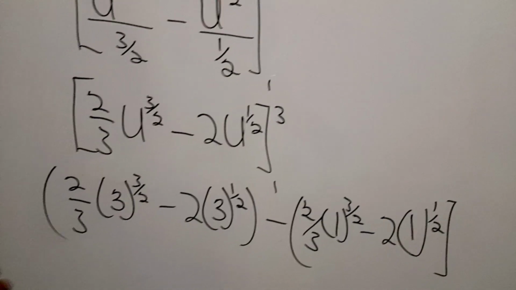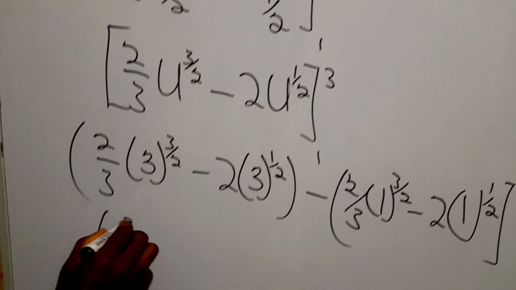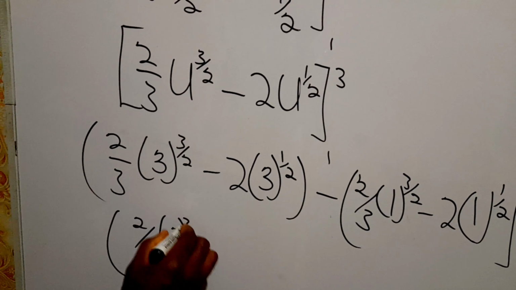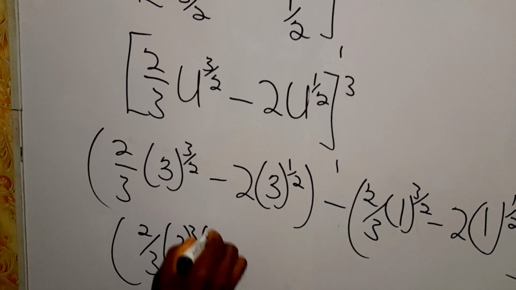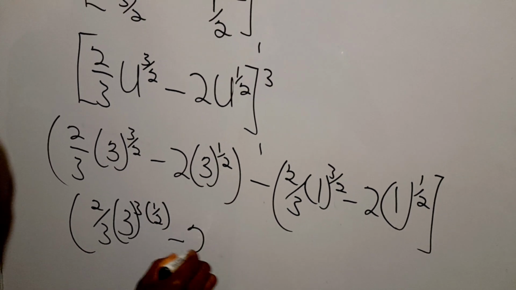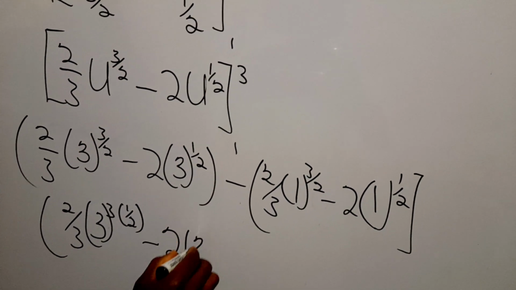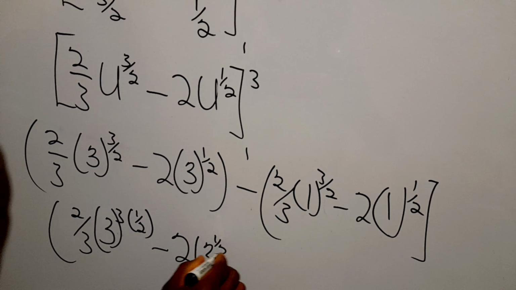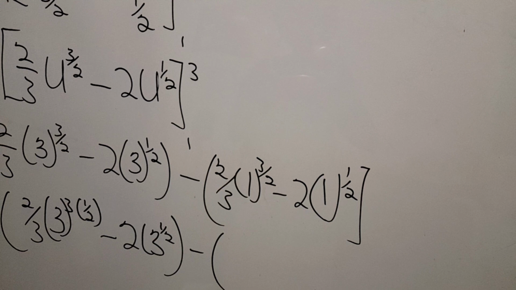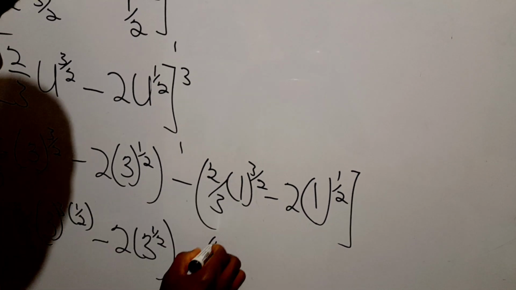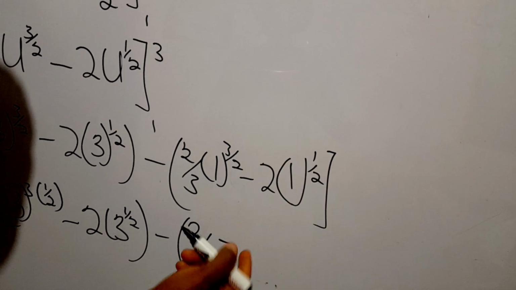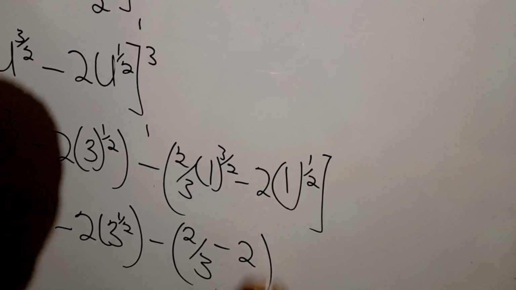So we can rewrite this as 2 over 3, 3 exponent 3 times half, then minus 2, 3 exponent half, minus, now any number, 1 exponent any number is still 1, so we have 2 over 3 here, then minus 1 exponent half will be 1 times 2 will be 2.